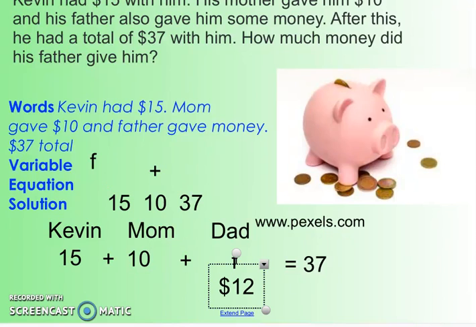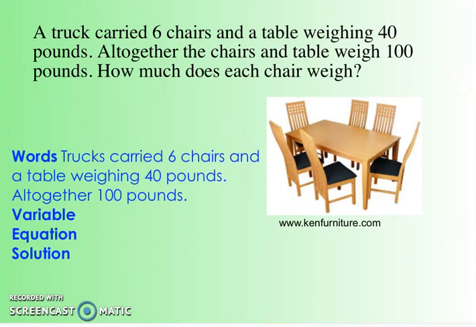Last problem. Okay, so it says a truck carried 6 chairs and a table weighing 40 pounds. Altogether, the chairs and table weighed 100 pounds. How much does each chair weigh? Okay, so a truck carried 6 chairs and a table weighing 40 pounds. Now, do you know the weight of the chairs right now?